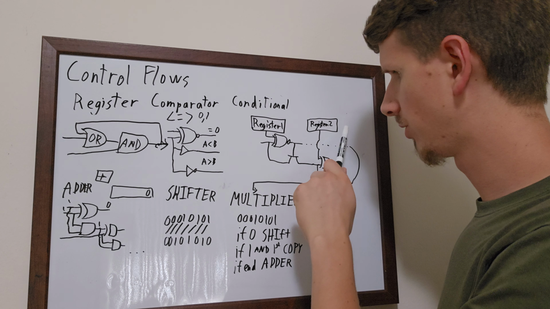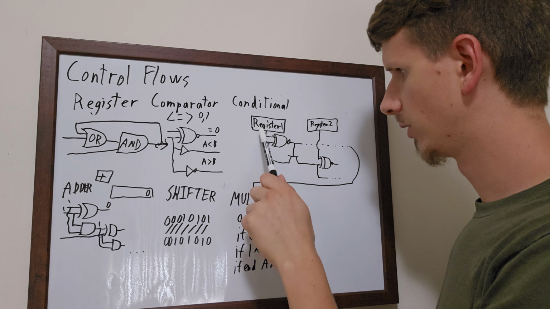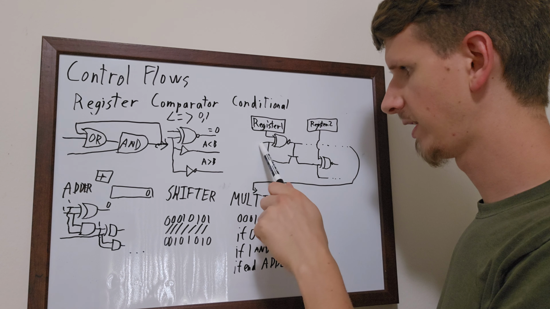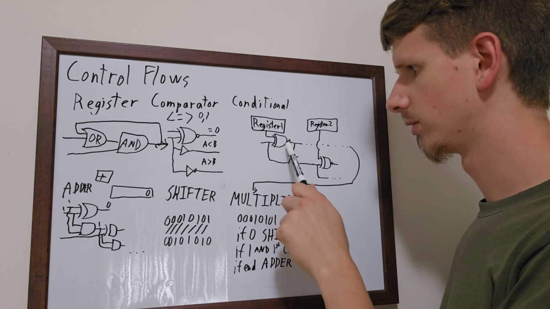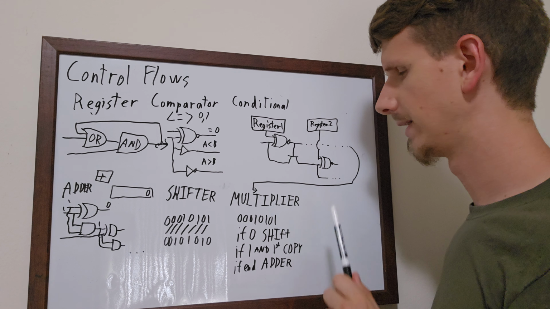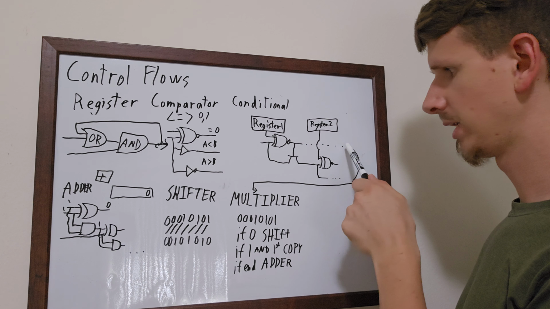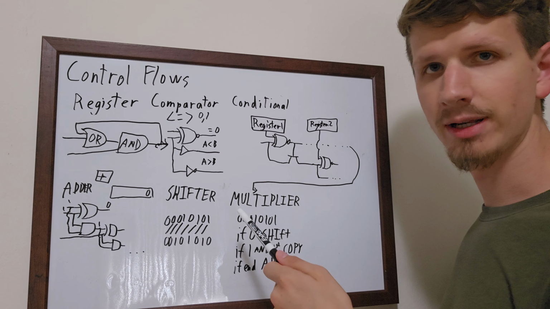So the registers hold the conditionals, like what has to be true. You feed in the conditional, feed in the input. If the input is equal to the register value via XNOR, then it's true, and you do this logic here, and then it gets passed on to whatever you're going to do next.